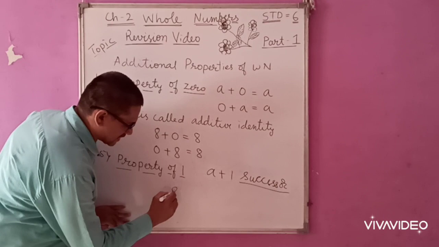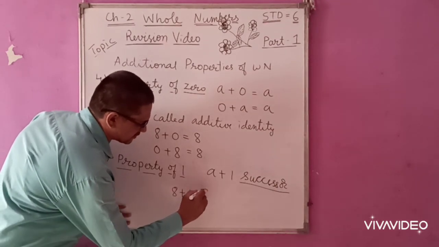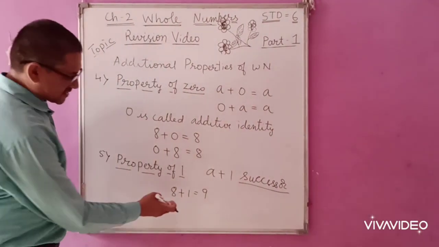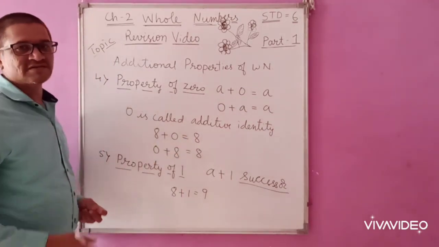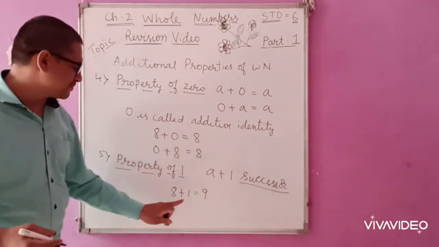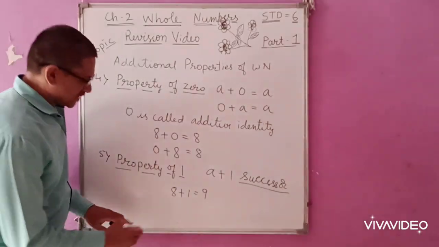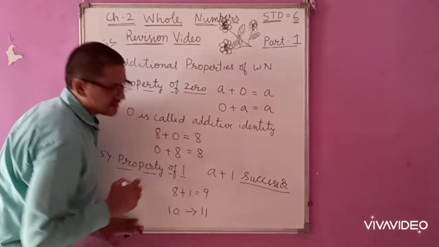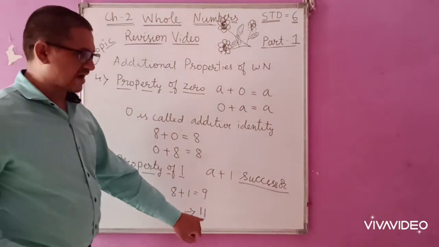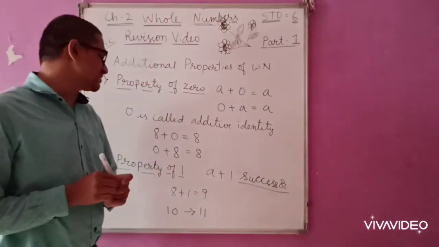For example, 8 plus 1 is equal to 9. Means successor of 8 is 9. Immediate next number means successor. So 8 plus 1 is equal to 9. So here I write 10. The successor of 10 is 11. Means I added 1. So that is meant by successor.